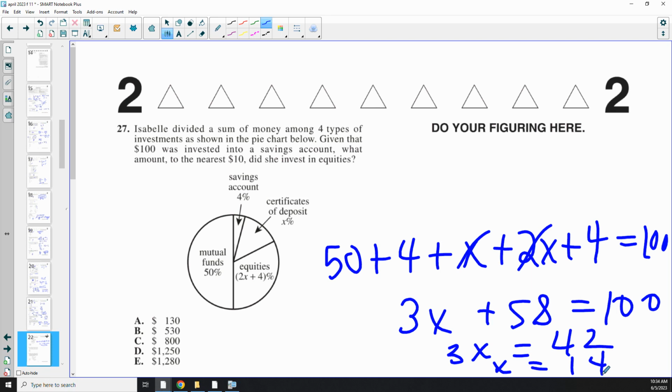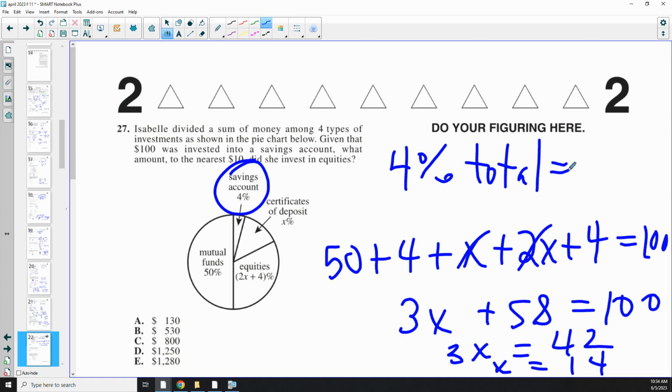And now $100 was invested into the savings. So that's right here. Savings is 4% of the total, has to equal the $100. So there you go.